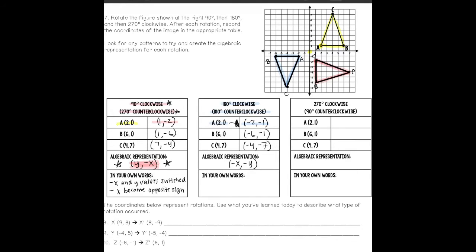Okay, if they were positive, they became negative. Now, we represent that with a negative sign, but that means opposite. So opposite X, opposite Y. In my own words, I would say X and Y became opposites.